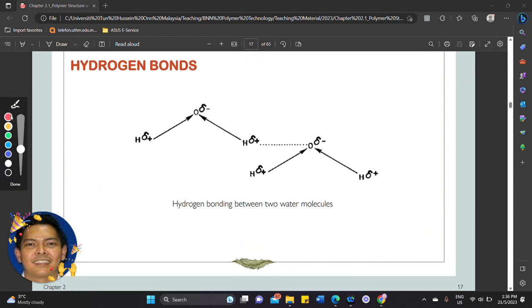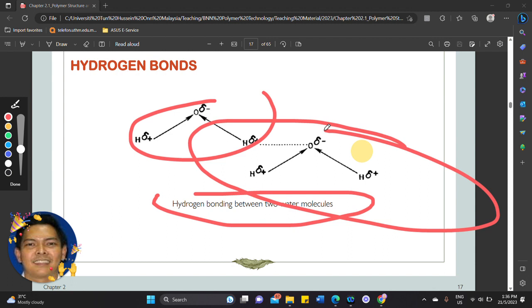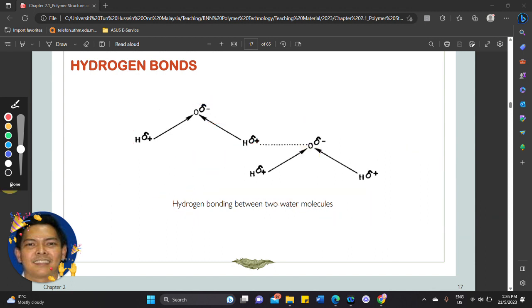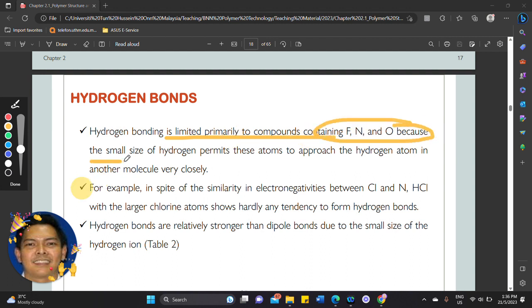This figure exhibits the hydrogen bonding between two water molecules. So the water molecules are being bonded together by the hydrogen bond. Hydrogen bonding is limited primarily to compounds containing nitrogen and oxygen, because the small size of hydrogen permits this atom to approach the hydrogen atom in another molecule very closely.